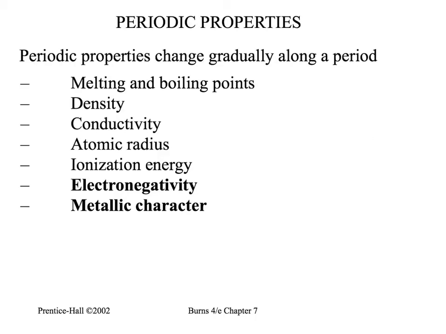For example, some periodic properties are melting and boiling points, density, conductivity, atomic radius, ionization energy, and the most important, and the only two we are going to study, are electronegativity and metallic character.